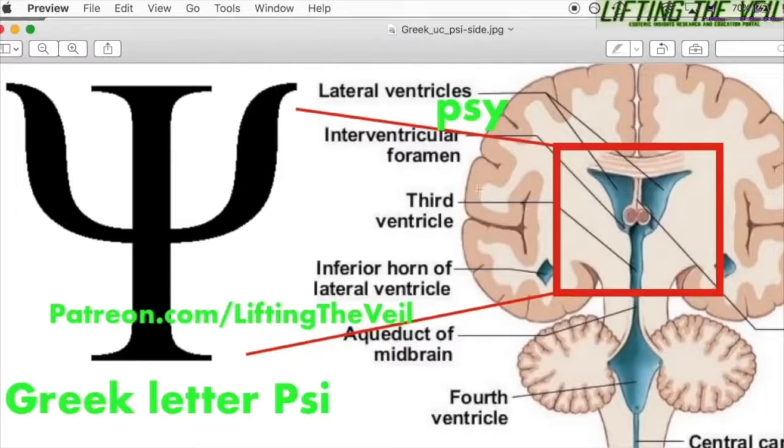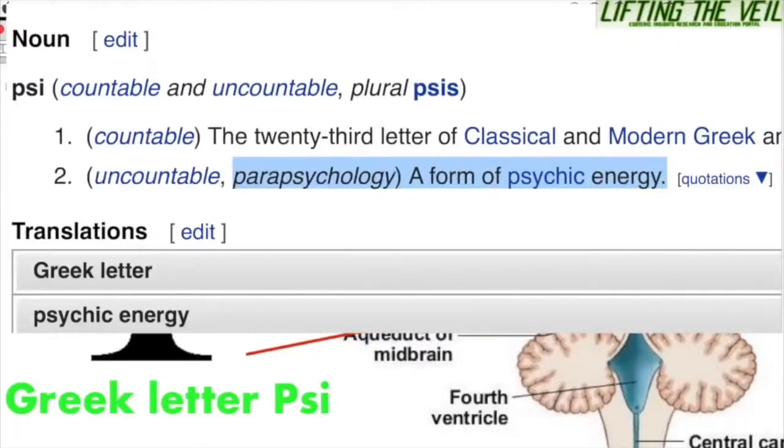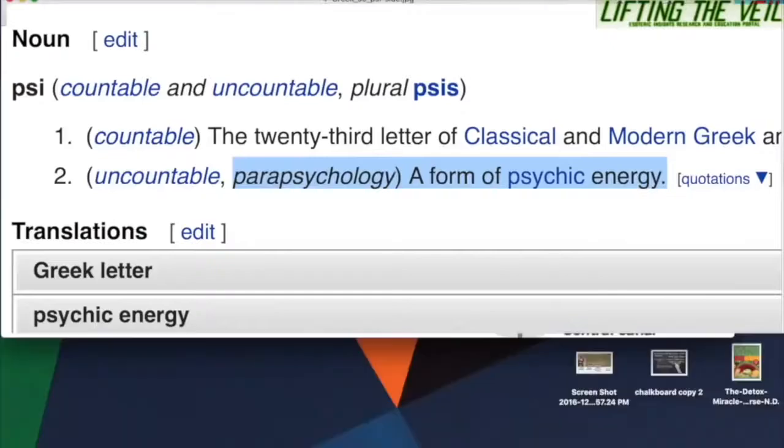The similarities of the language are not just similar by coincidence or by accident. There's a specific reason, because psi, as in PSY, comes from the Greek psi, meaning parapsychology, a form of mental energy, a form of psychic energy.